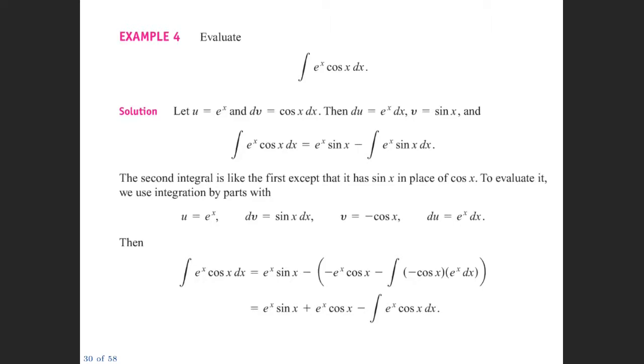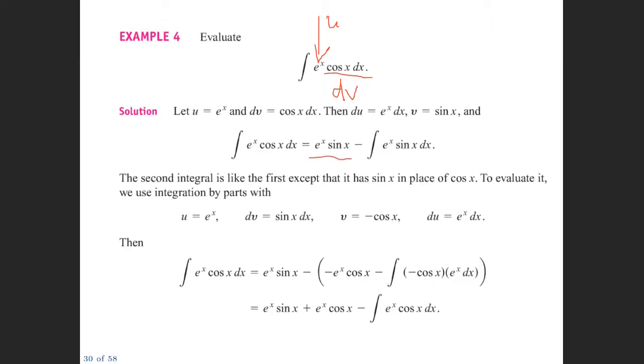What are the key parts here? We want to calculate the integral of e to the power x cos x. So we need to decide which is the u and which is the v. This time we're going to use u to be e to the power x, and cos x dx we're going to call dv. Then using the integration by parts formula, that's the same as uv.